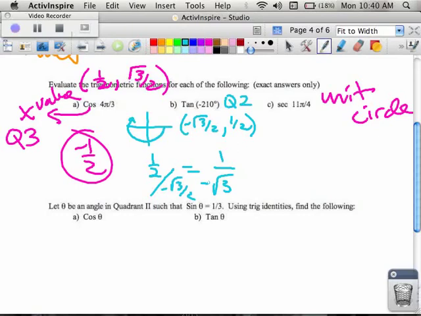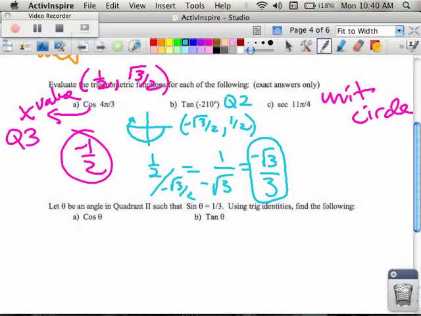When we rationalize that, the root goes on top, comes off the bottom, and my final answer is negative root 3 over 3. So this is how I do my tangents, because I don't want to go through all that simplification stuff. So I use the hand trick. Basically, memorize the coordinates, and then sine divided by cosine, or y over x for the tangent.